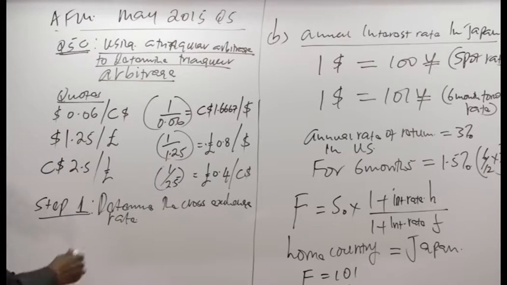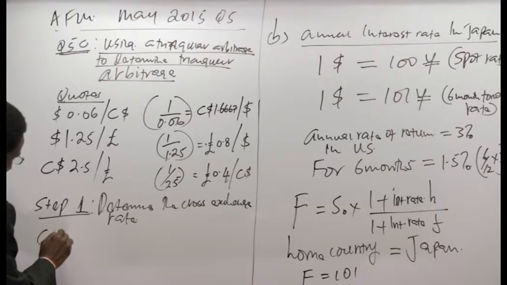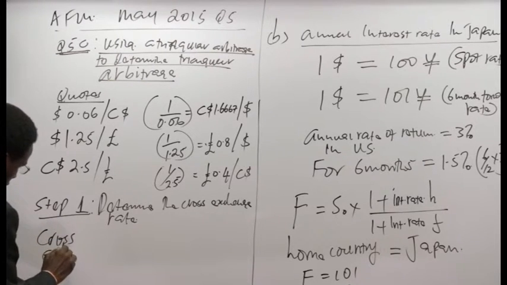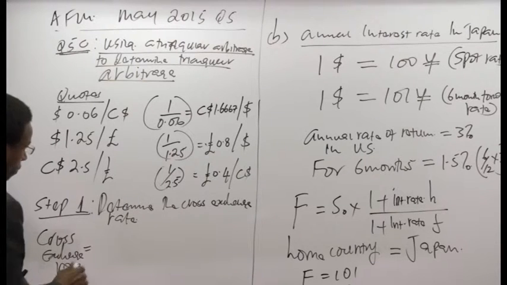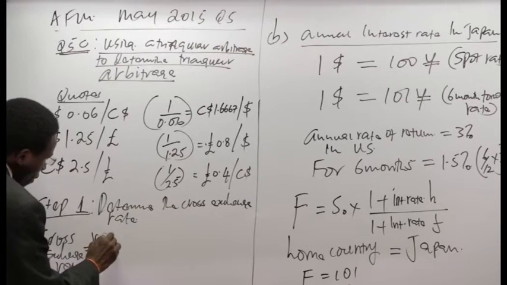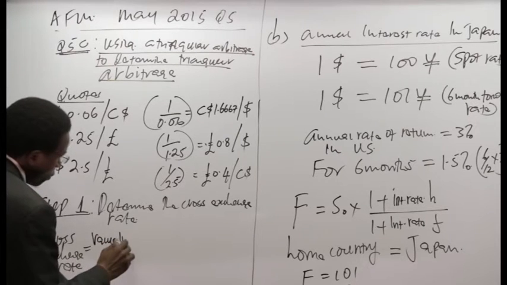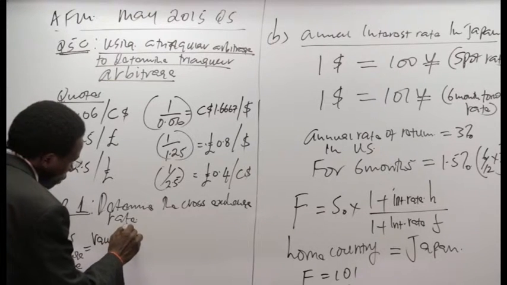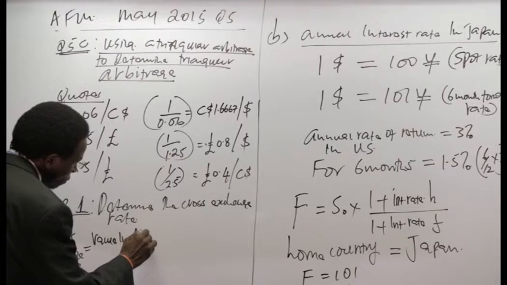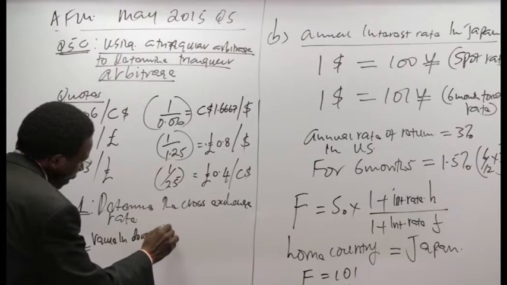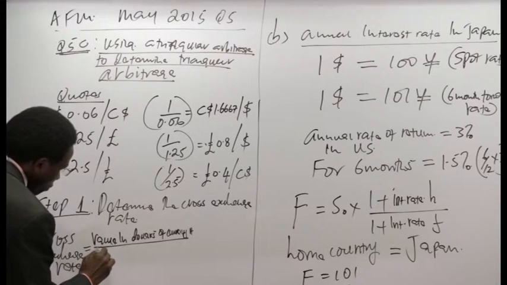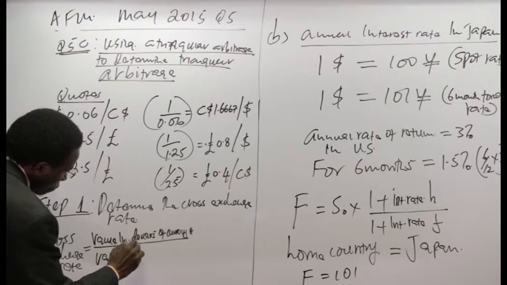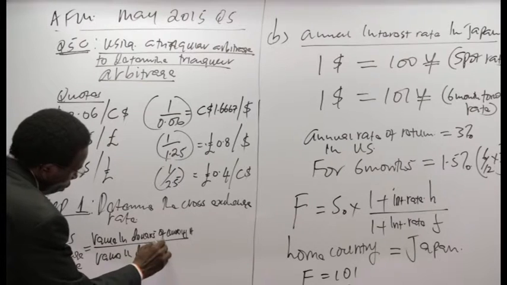So you say the cross exchange rate is equal to the value in dollars of currency A over the value in dollars of currency B.